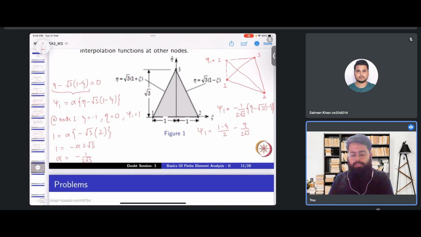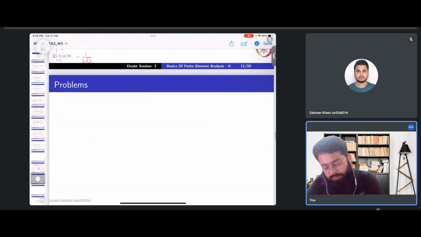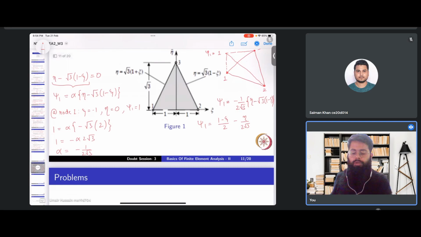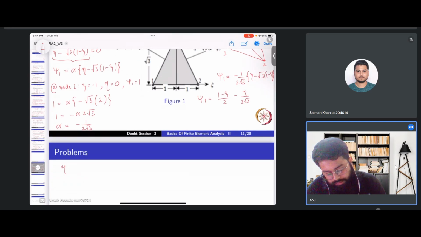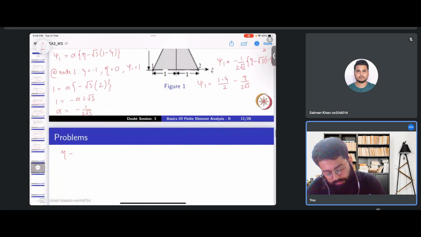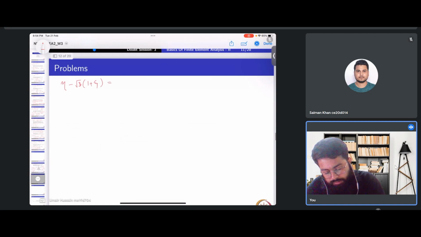Similarly, we can find the shape function at node 2, I mean the interpolation function. Again, the interpolation function should be such that it gives a value 1 at node 2 and is 0 on the line 1 3. On the line 1 3 we have the equation eta minus root 3 times 1 plus zeta equals 0.